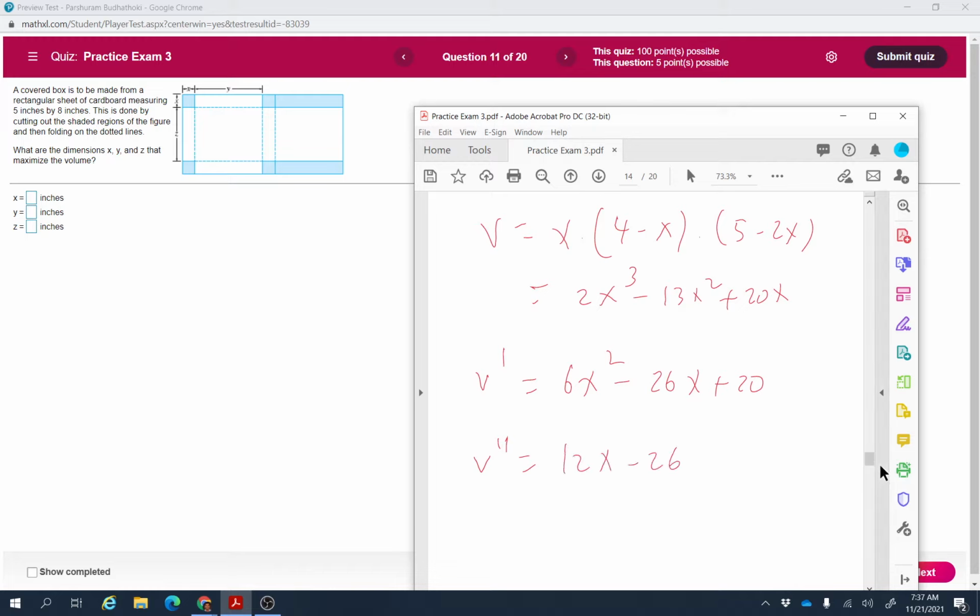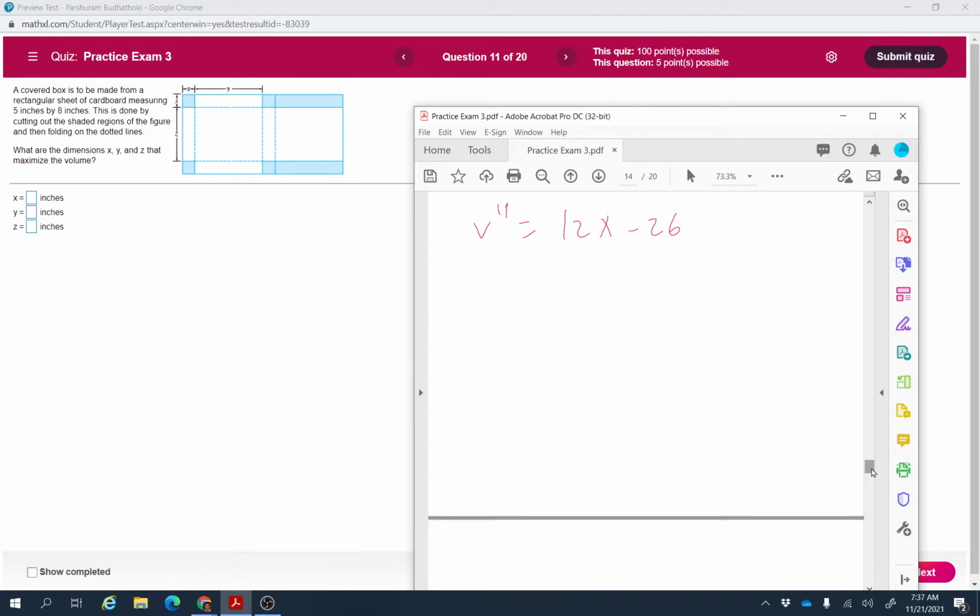So now find the critical points. Just equate the first derivative with 0.